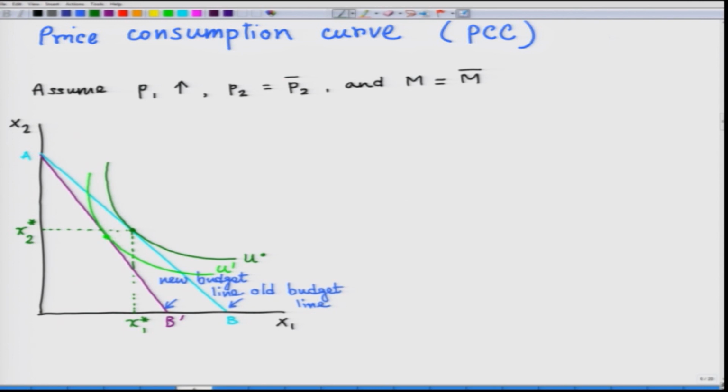So, let me name this E2, the second equilibrium, and let me name the first equilibrium E1. Here you can see, as the price of commodity 1 has gone up, there is an impact on the consumption of both the goods.